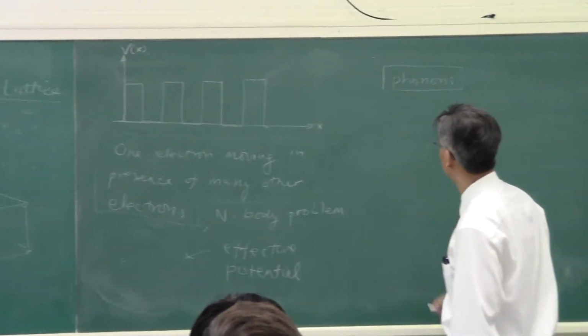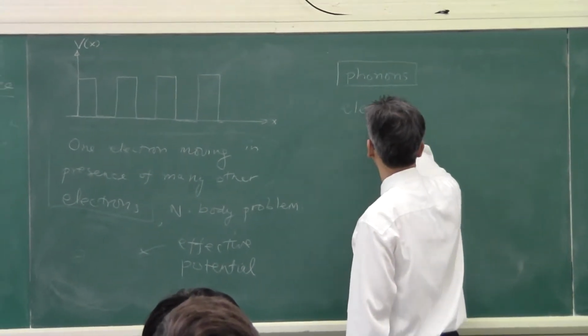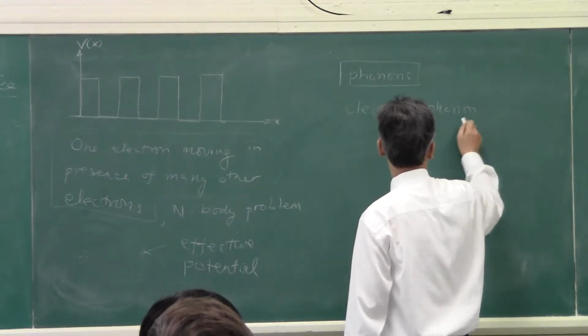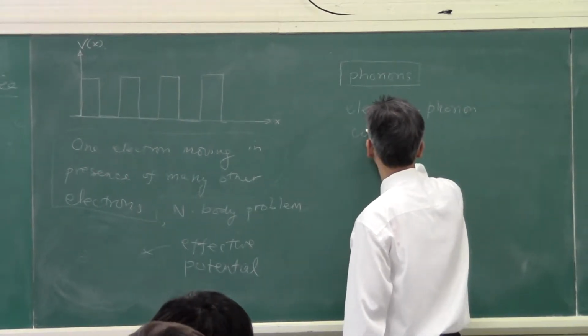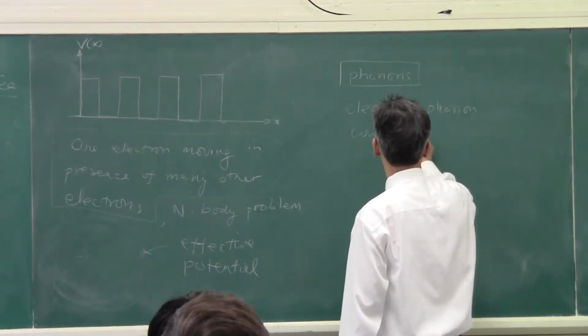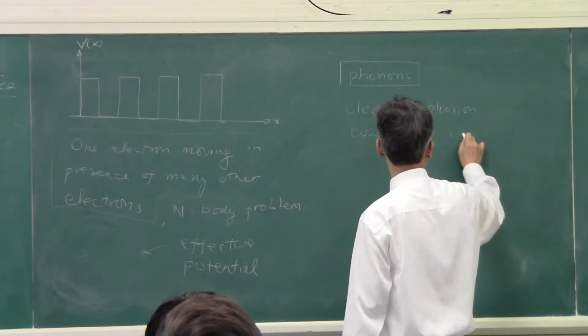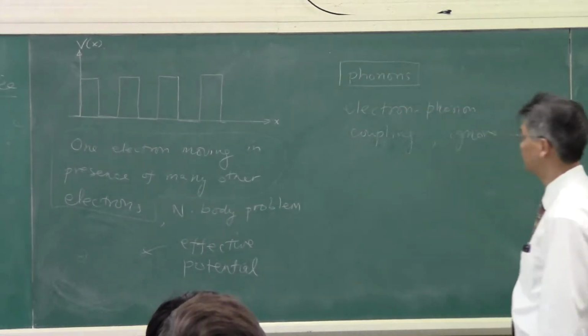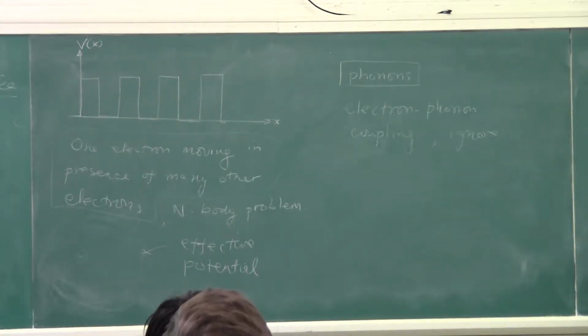And we will ignore electron-phonon coupling. Okay, in this picture, we just ignore those couplings, because those couplings are quite difficult to study. So we study the simple problem of just an electron moving in a periodic potential.